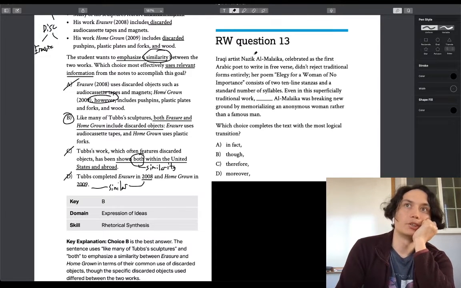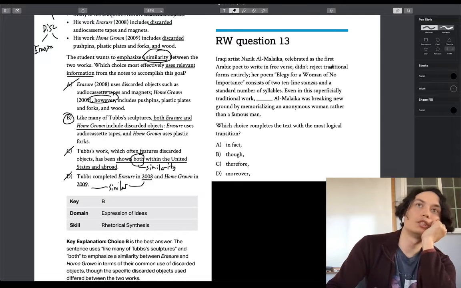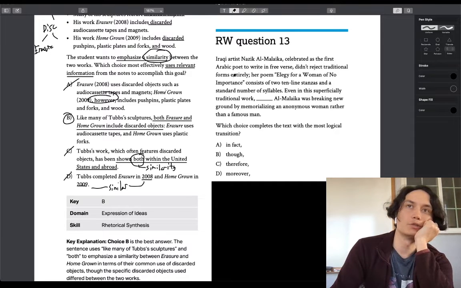All right. Iraqi artist, celebrated as the first Arabic poet to write in free verse. Wow. Didn't reject traditional forms entirely. Her poem, Elegy for a Woman of No Importance, consists of two 10-line stanzas and a standard number of syllables. Even in this superficially traditional work, and so on. So this person was the first to write in free verse, but she didn't completely reject traditional forms.